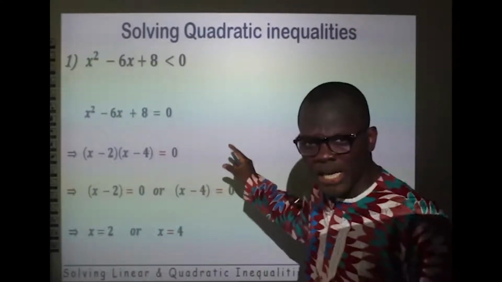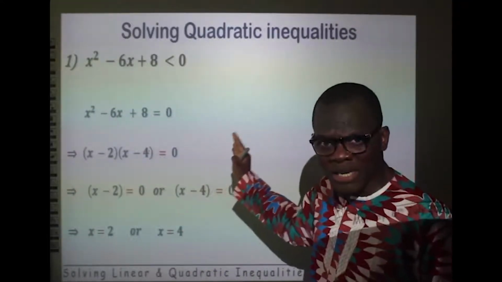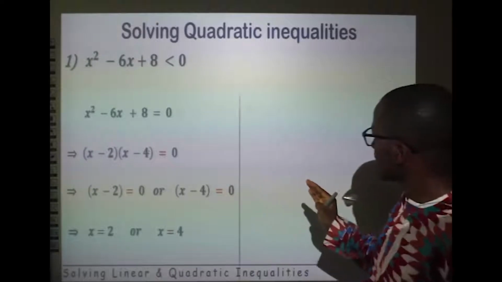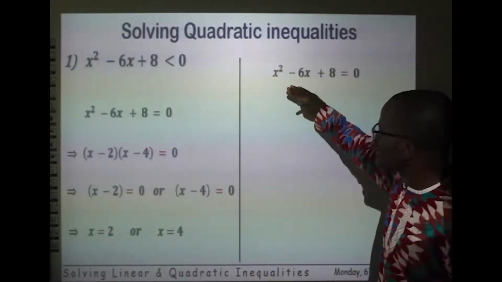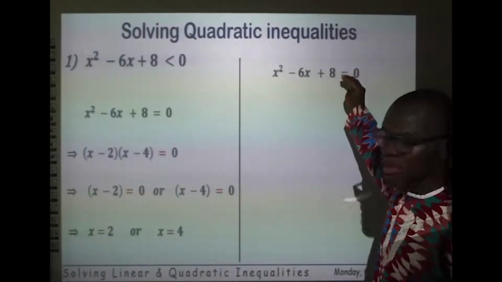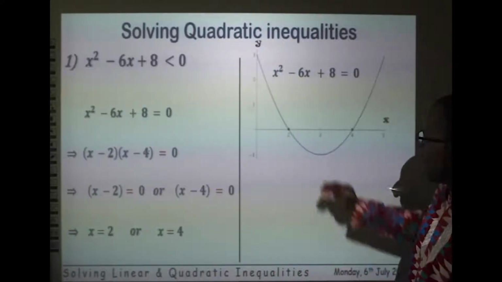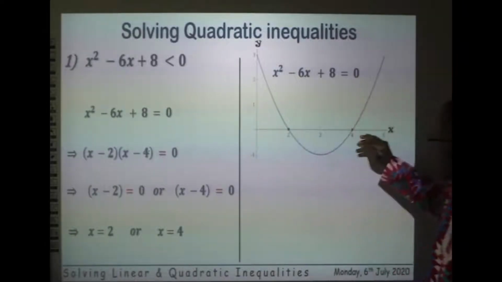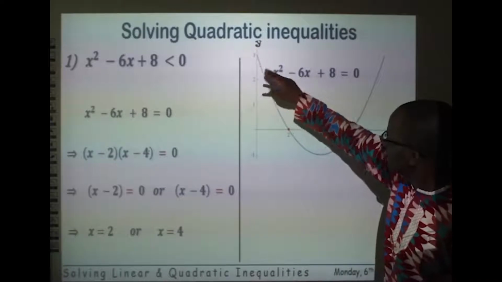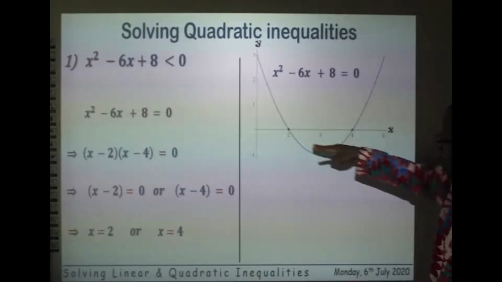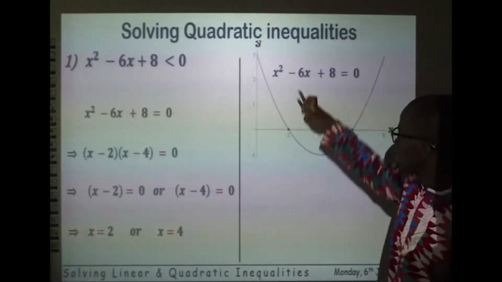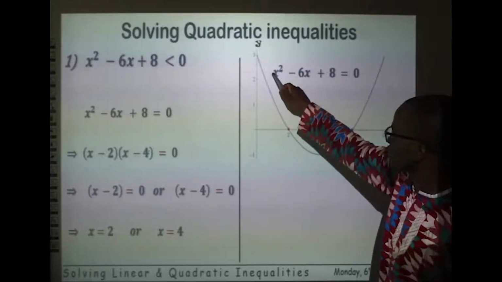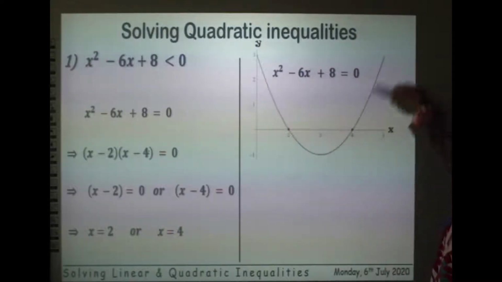And I want you to pay attention to the next bit, because that's the bit that really matters the most. So now, for the quadratic equation, you have a sketch which looks like that. The graph will be a parabola which slopes upwards like this because of the coefficient of x squared. The coefficient is positive, that's why it's sloping like that.